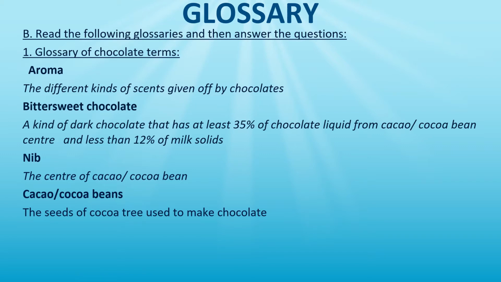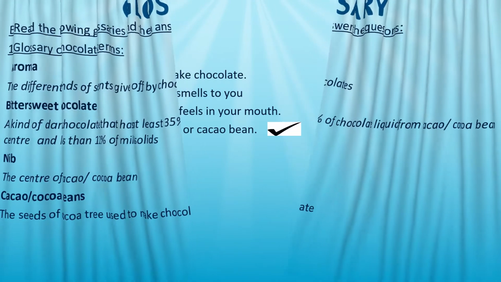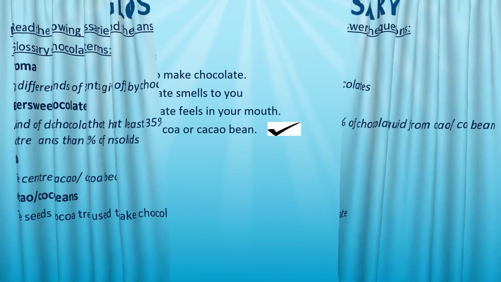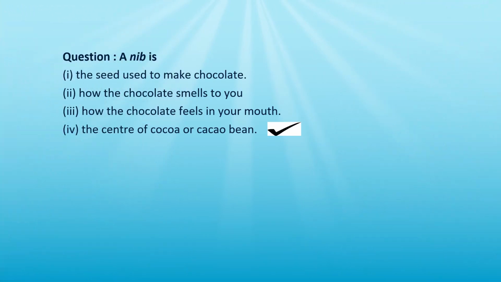Now let us see the question. The question is, a nib is... We have to tell what the meaning of nib is. As we studied, the meaning of nib is the center of the cocoa bean.